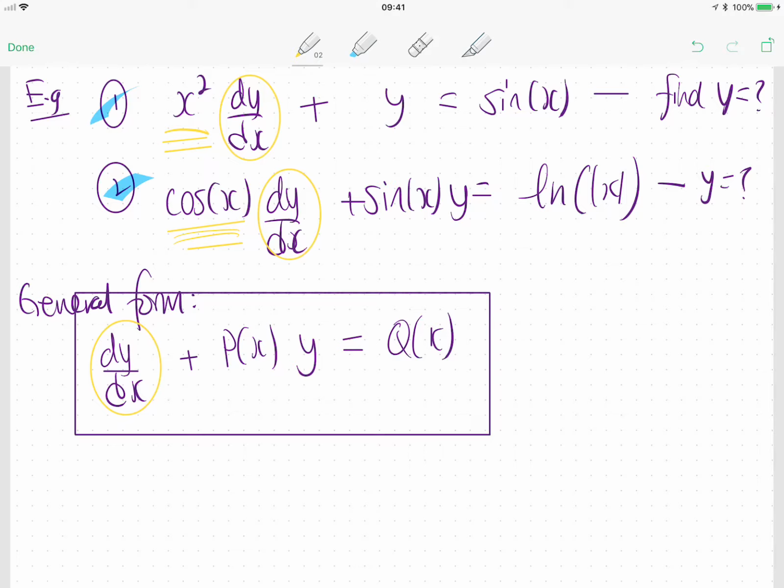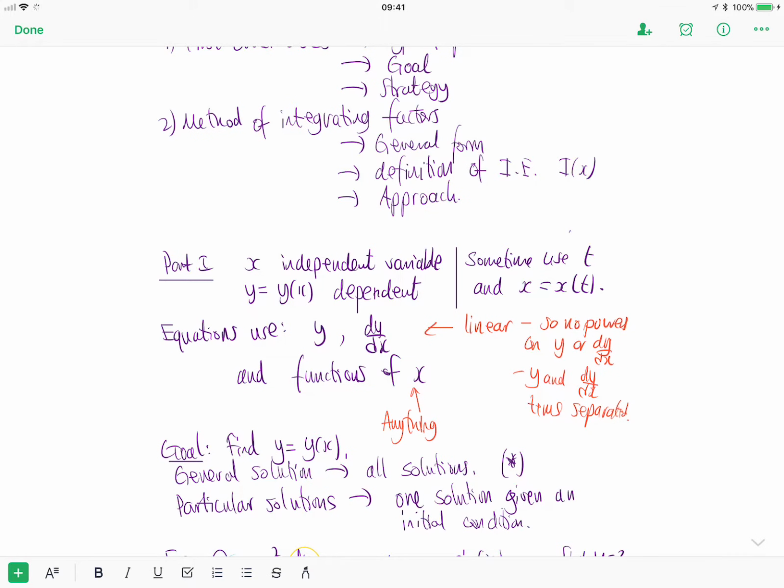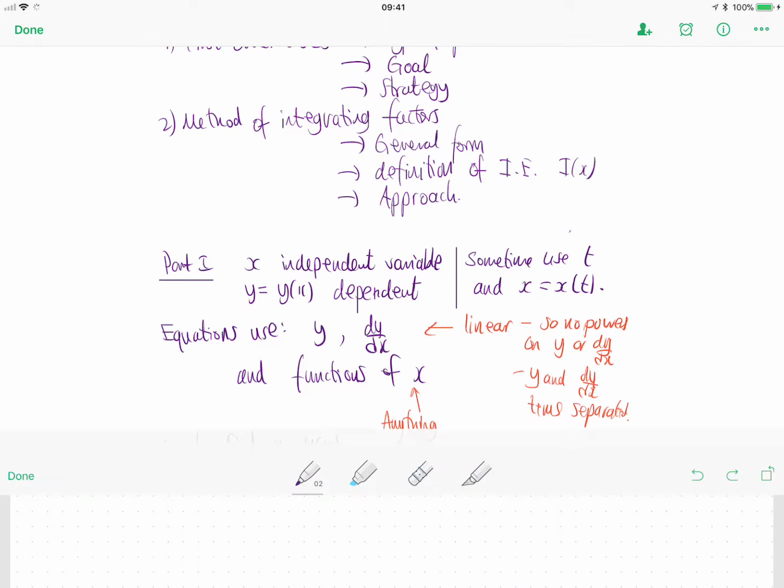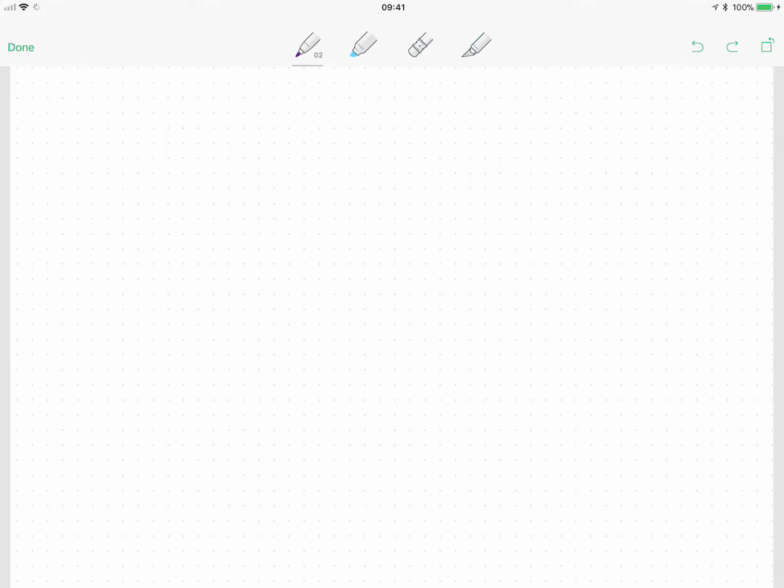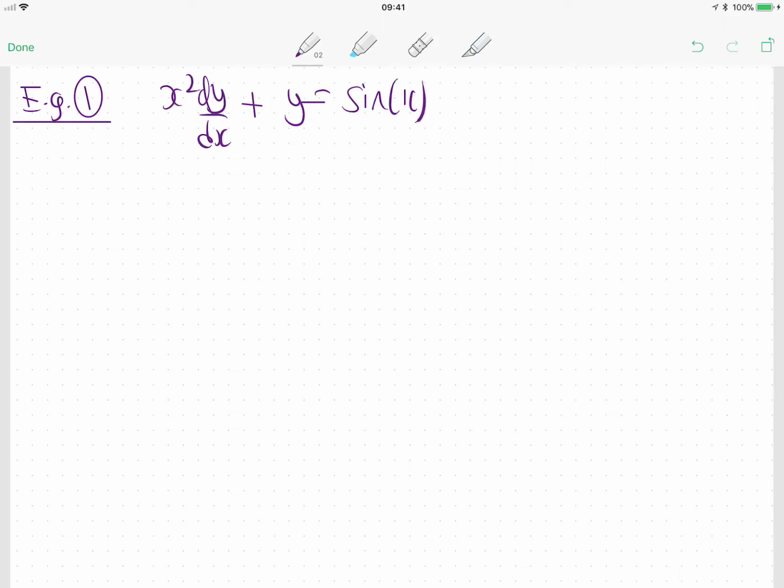Let's go to a new page. So example 1. Let's write this problem in general form. So the question is, what is P and what is Q?